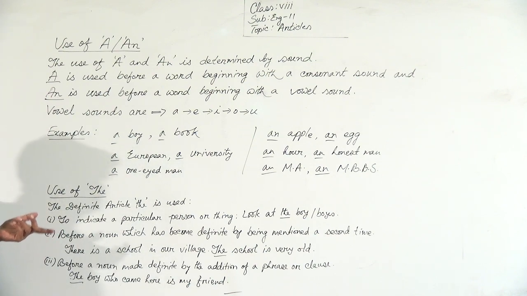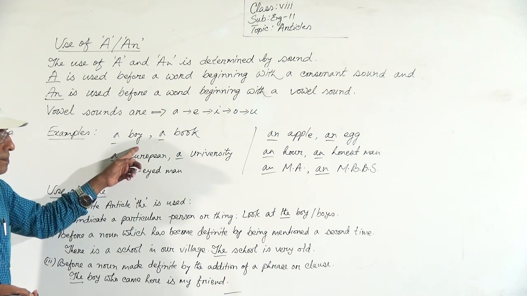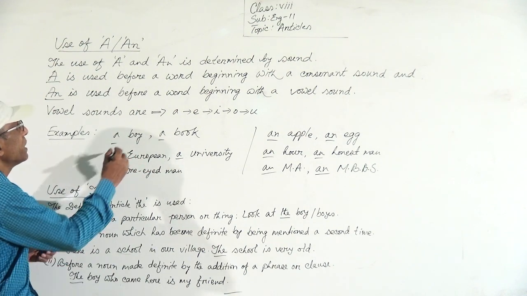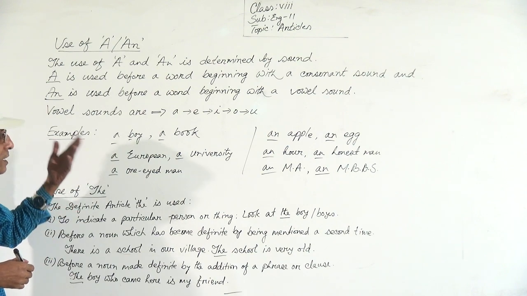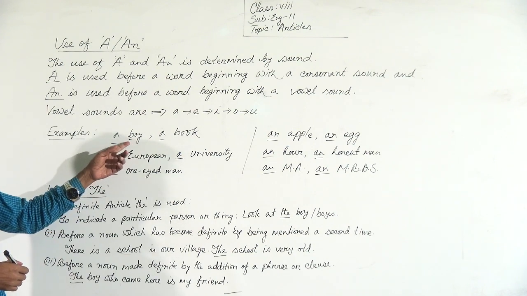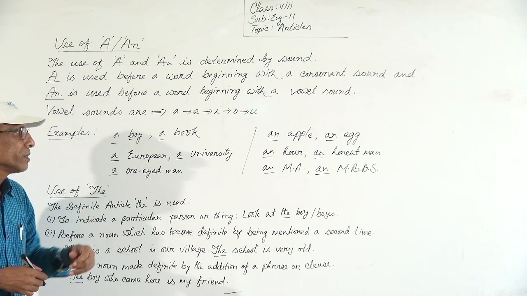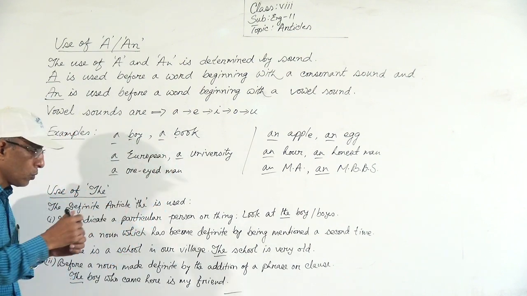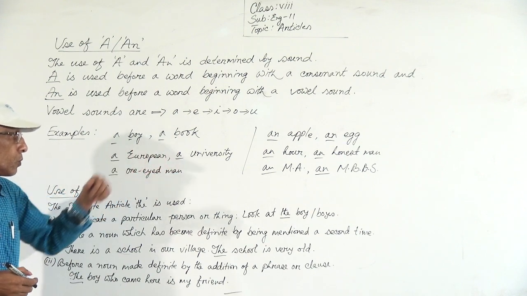Now see the examples. A boy, a book. You see a boy, B is a consonant, so as it begins with a consonant sound, you have to use a before boy. A book, B is also a consonant, so you use a before book.